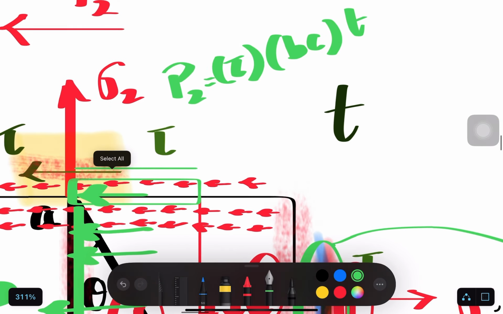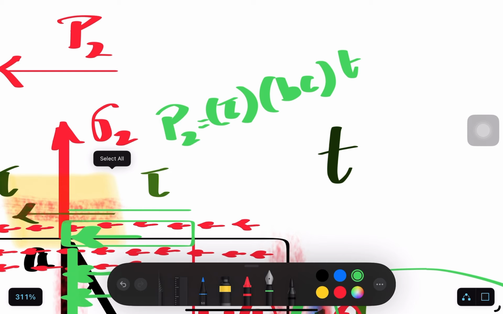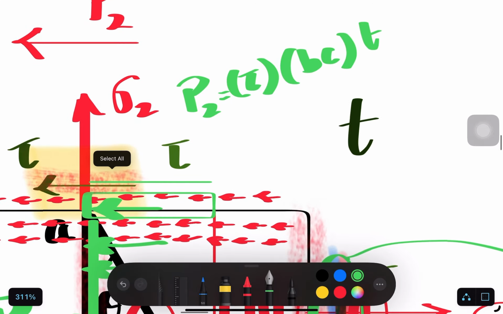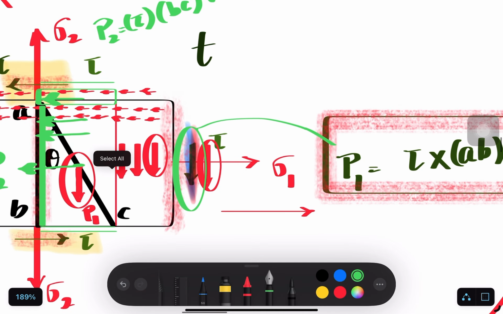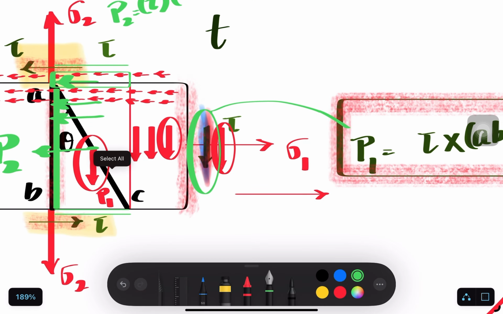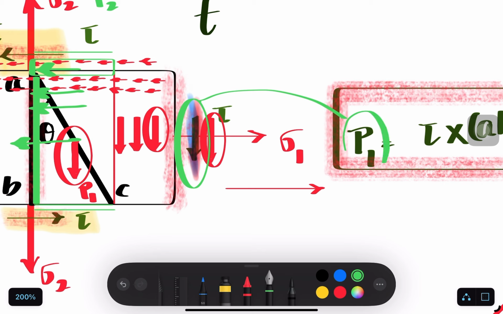That is given by the expression stress into the area over which it is distributed, which is the length into thickness, BC into thickness. Now look at this load, P1. This load is going in the downward direction, and it is transmitted to each and every plane in the downward direction.